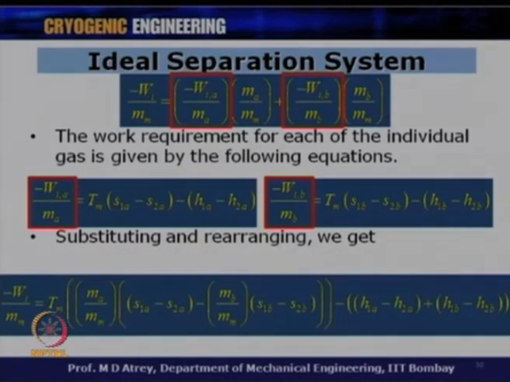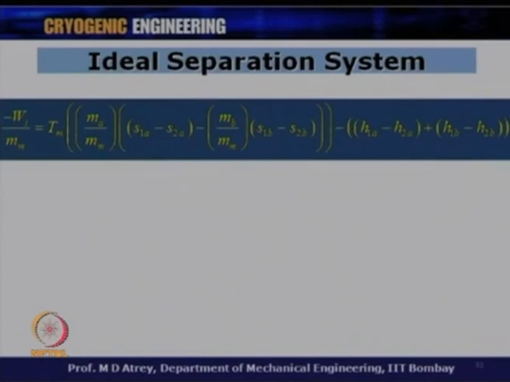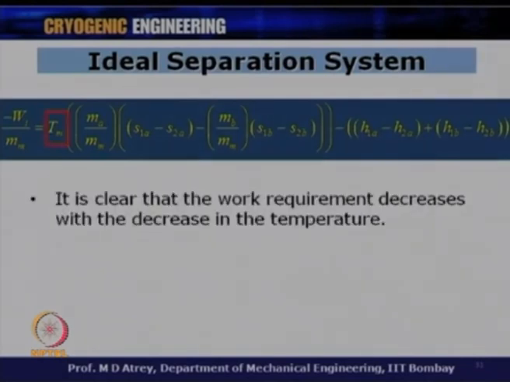Now, let us find some expression for this entropy difference and enthalpy difference. So, this is my expression. What you can see from here is that this is Tm, which is the mixture temperature figuring out here, and this is the work of separation of the gas. As you can see, if the Tm is lowered, or the mixture temperature is lowered, Wi by m, the work of separation, will be very less, and that shows directly that if the temperature is very low, or in the cryogenic temperature region, the work of separation will be very, very less.